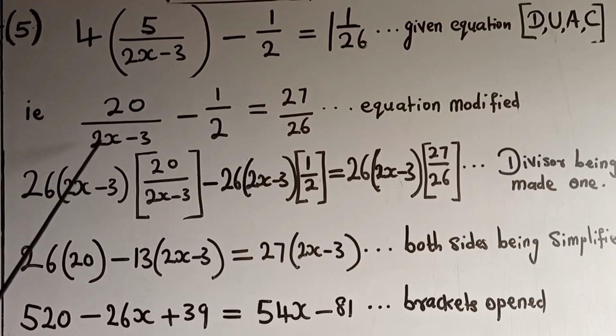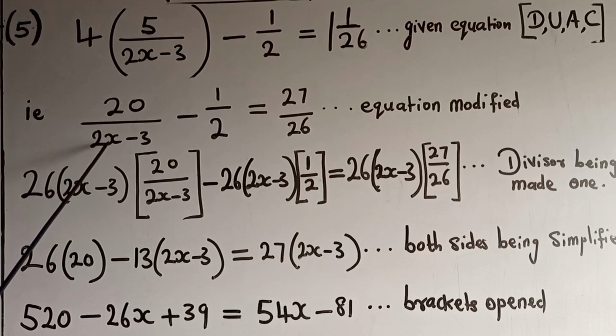But as long as x is not known, we assume that this 2x minus 3 is not 1, this 2 is not 1, 26 is not 1. None of the divisors is 1. Even if there is 1 as a divisor, as long as there is one of them that is not 1, it is right and agreeable that we apply the method of making divisors become 1.